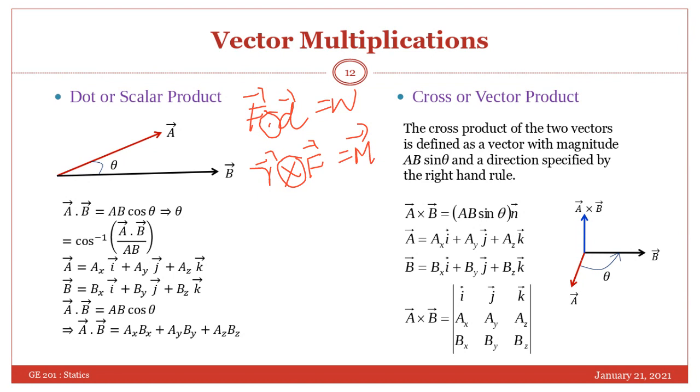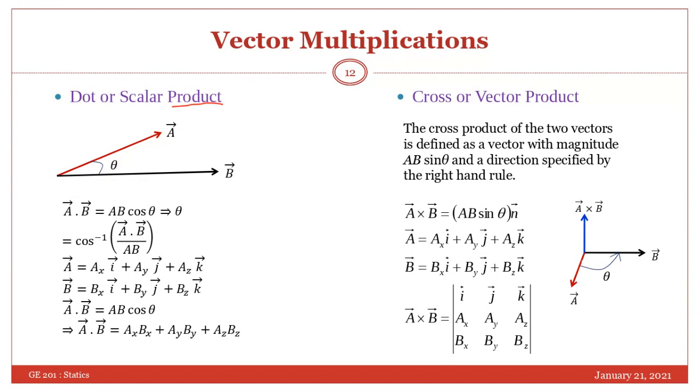When you have only scalar multiplication, you get magnitude without any direction. So first let us start with dot multiplication or scalar multiplication. Another word for multiplication is product, so we can also call it the dot or scalar product.